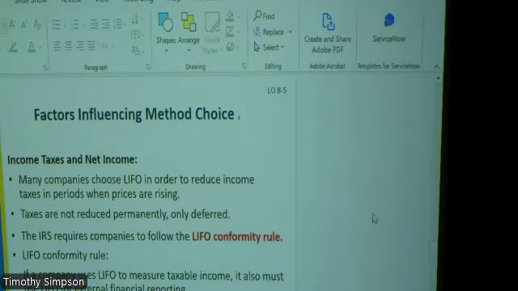And this is not new stuff. This has been going on for as long as I've been around. I've been doing this for a long time. But users of financial statements know that if companies use LIFO, even though it has no bearing whatsoever to the physical flow of actual inventory, they're doing it because of tax purposes. And I think I showed you on Tuesday an example of Kroger's financial statements.